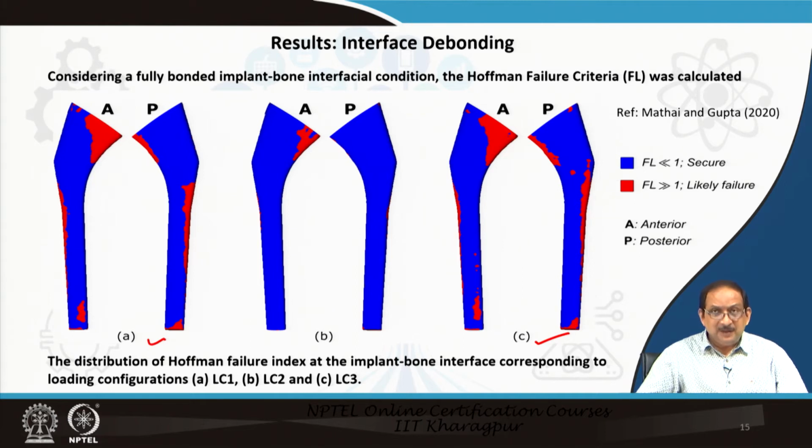In comparison, load case 2 predicted the least susceptible area of failure. The area of failure is indicated in the graph as FL greater than 1. So, LC2 predicted the least susceptible area of failure among all loading configurations, as indicated clearly in the figure.